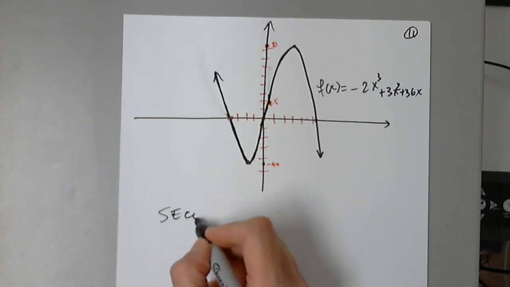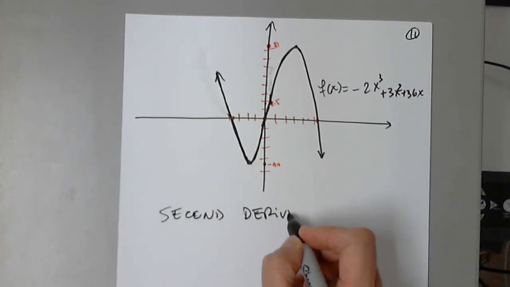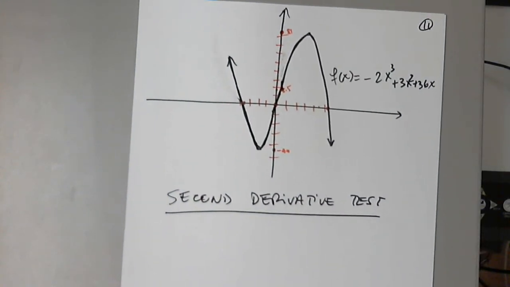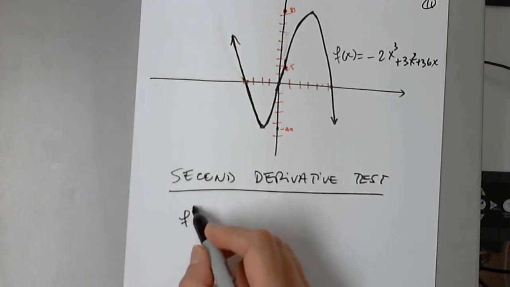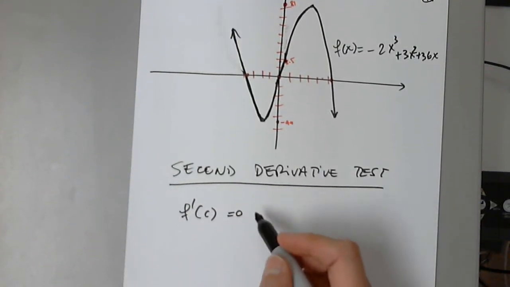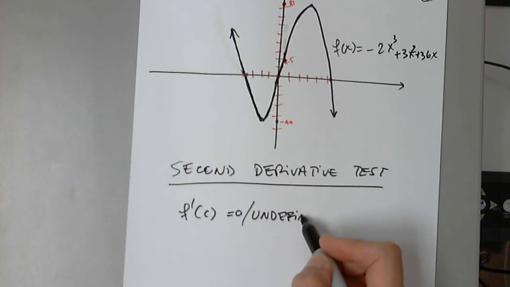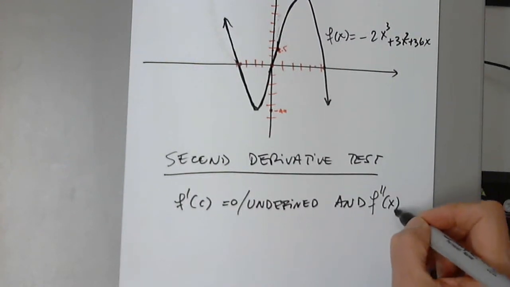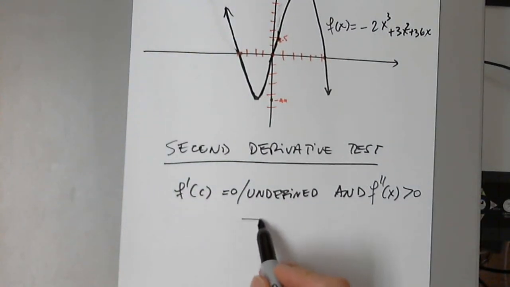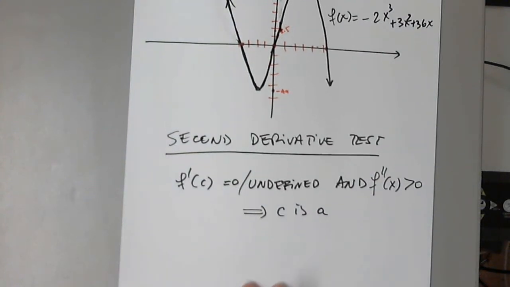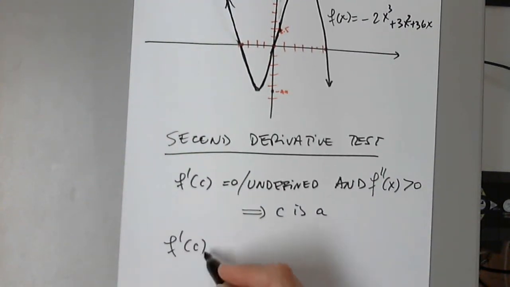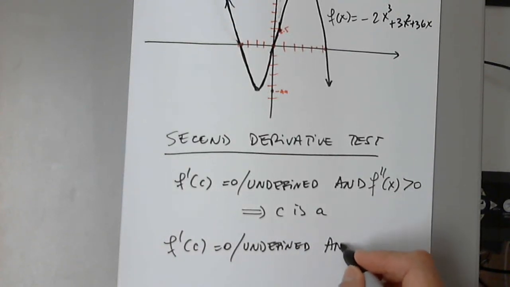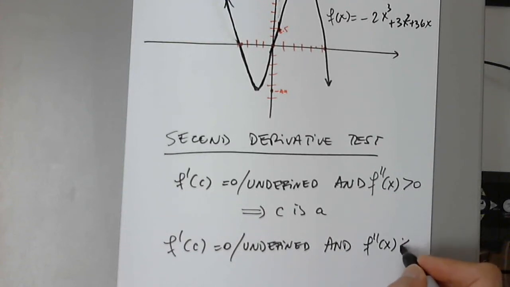So, the second derivative test. f prime of c is 0 or undefined, and the second derivative is positive. What does that mean? c is a... And the second option, f prime of c is 0 or undefined, and f double prime of c is negative.